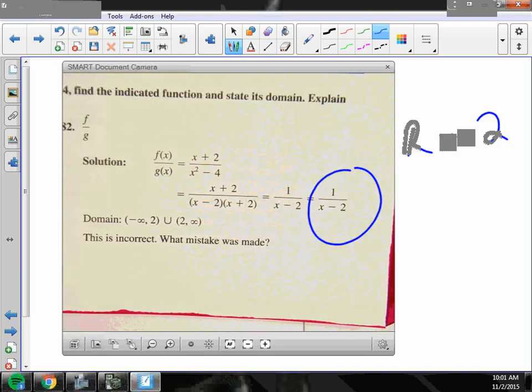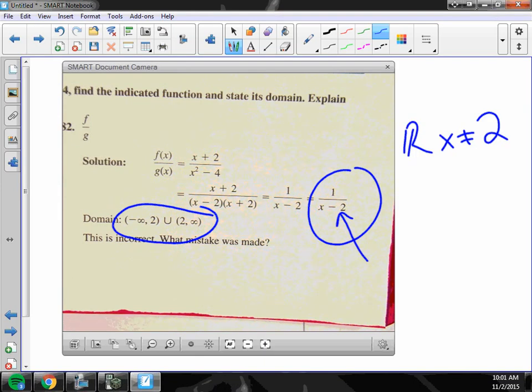So why is this domain not accurate? Certainly we can't plug 2 in there, but why is that domain not right? Anybody get this one?